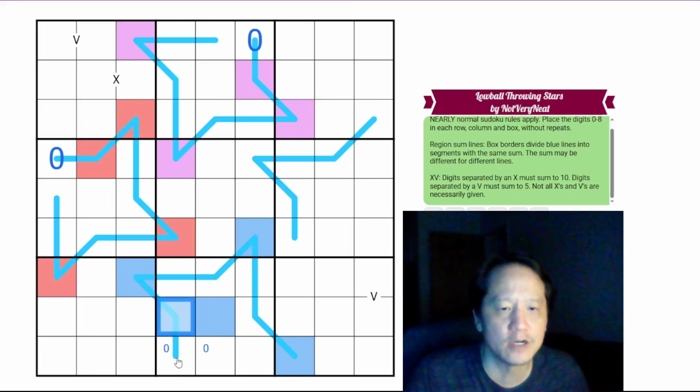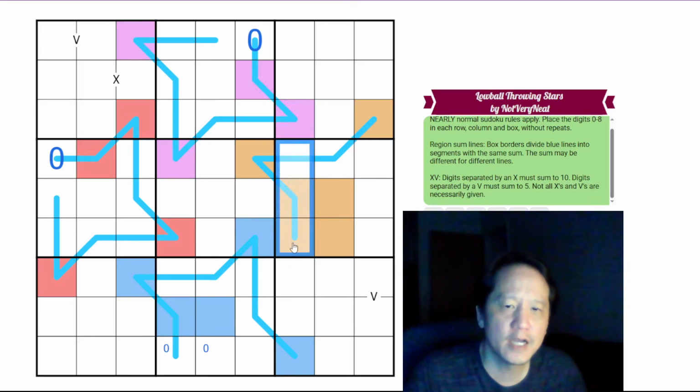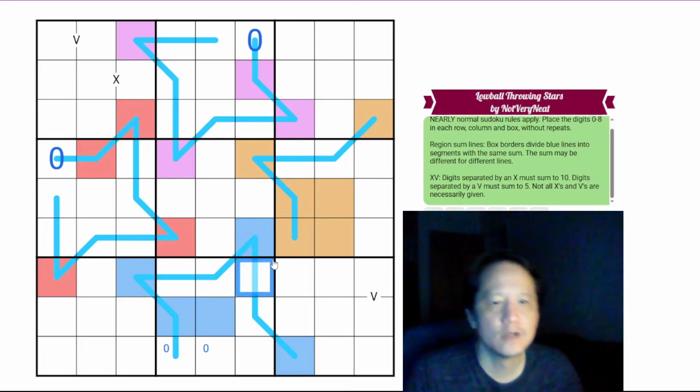If 0 were here, this couldn't be blue, but a non-blue digit plus 0 is never adding up to blue. So that's why these can't be blue, but both of these could be blue. Okay, so 0 cannot be any of these. This, I guess, I'll make orange. Orange cannot be here or here, but it could be any of these four. So that's kind of not restrictive.